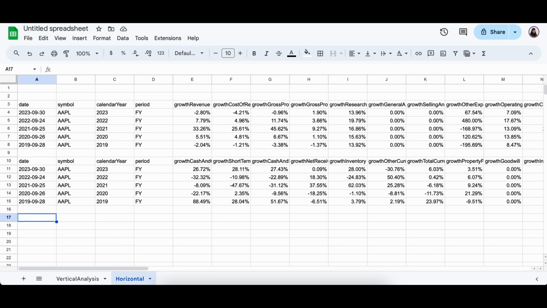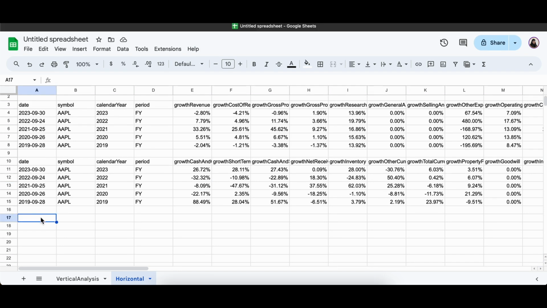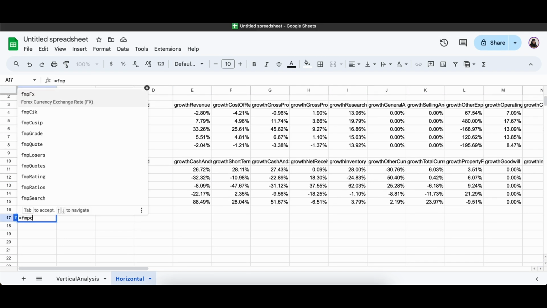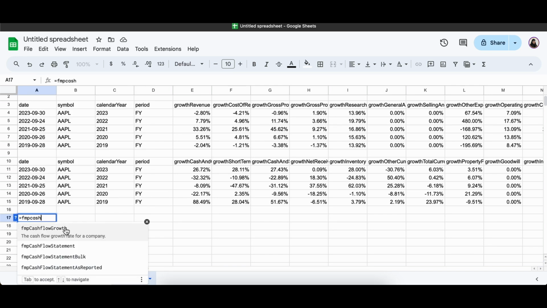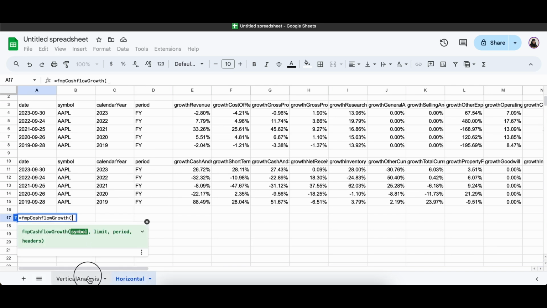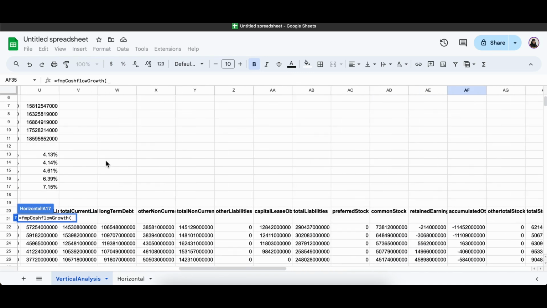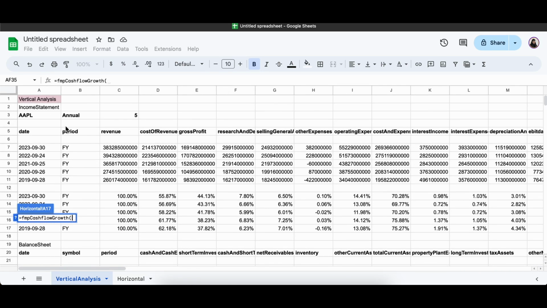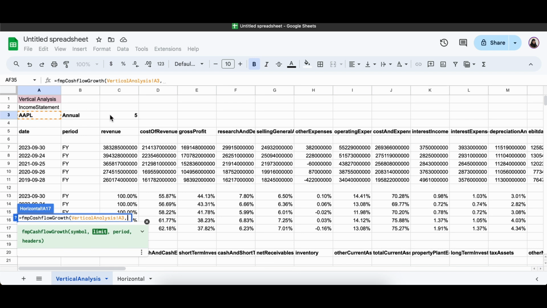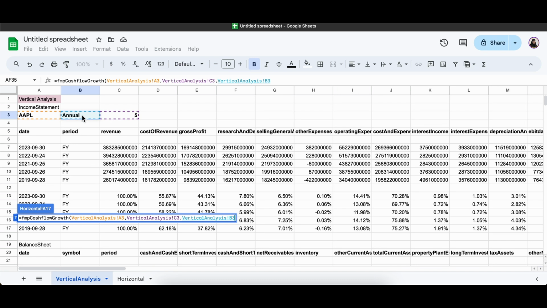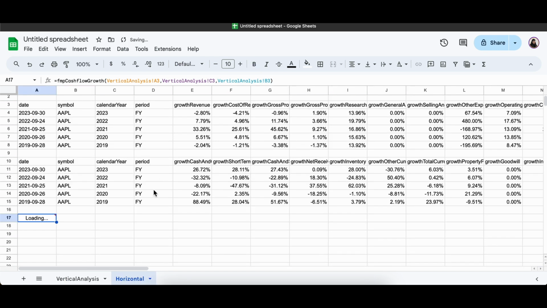And the last one is the cash flow statement. We take equal FMP cash flow growth. Again, we input the same data: stock ticker, limit 5, and then period, and hit go or hit enter.